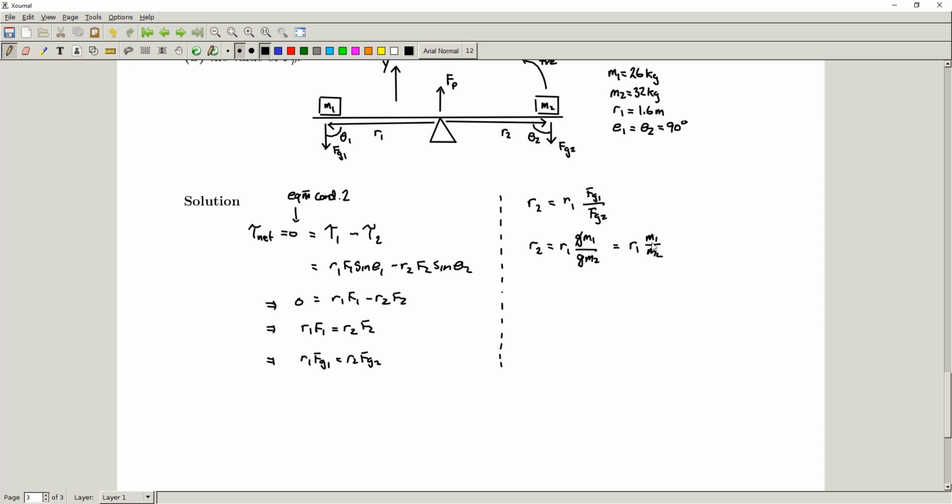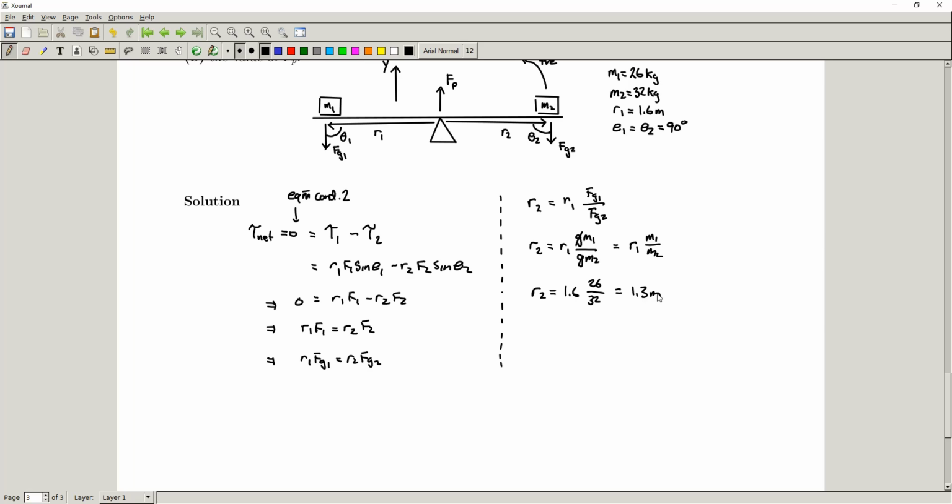Okay, and so at this point we're just at the point where we want to substitute in numbers. R2 is going to be equal to, what's R1? 1.6. Then we have M1 is 26 over 32 for M2. If we run the calculation, we're going to find that this is equal to 1.3 meters.